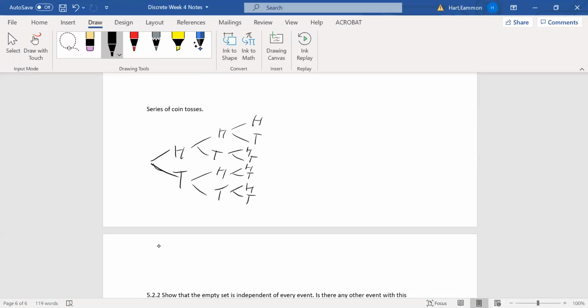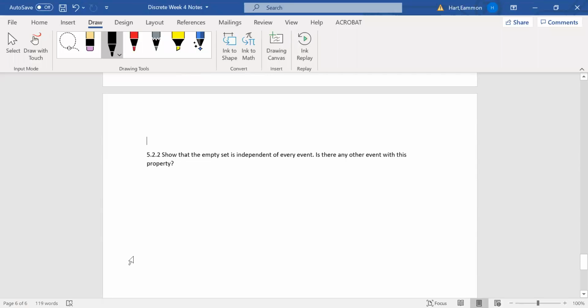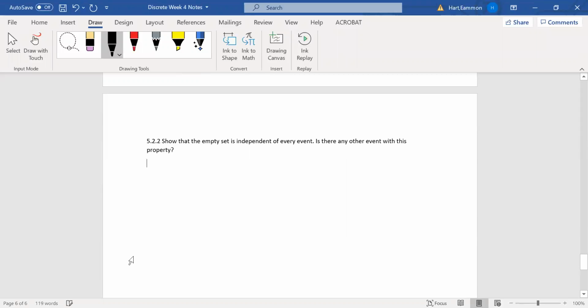I keep the same possibility over and over again because I can get heads over and over again. And these guys go off to infinity. So this is related to the idea of a random walk. So if I were to assign the values of +1 or -1 to heads or tails, the value that I would get would end up following what's called the binomial distribution. We'll talk about that more in a minute.